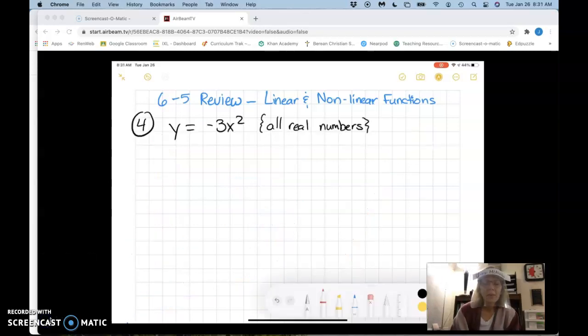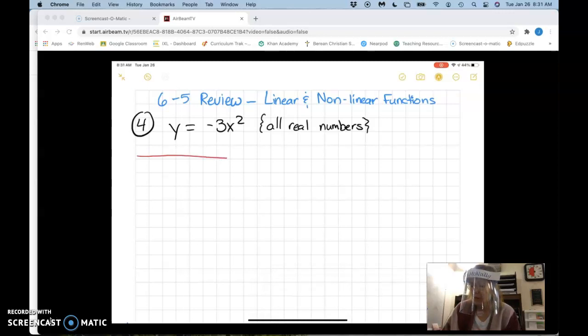Okay, so for this one, I can already tell it's going to be non-linear because it has an x squared. So I'm going to plug in any number I want this time because it says for all real numbers. So that means I can plug in whatever I want. So we're just going to pick some values for x and then solve for y.